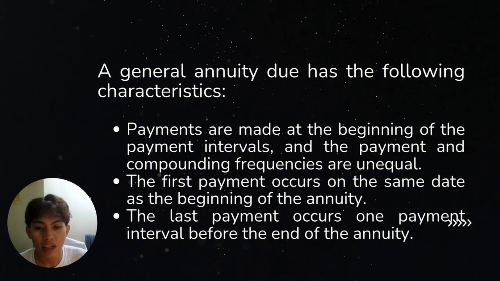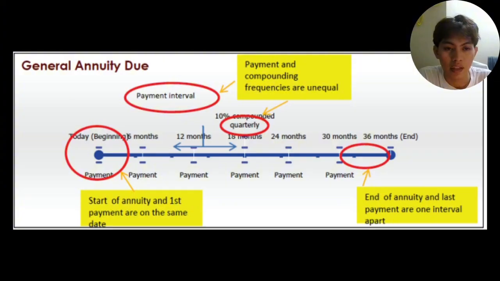Here is the illustration of the general annuity due. It is just similar to the previous group's presentation. As you can see here, the general annuity due is when your first payment will be at the beginning of the term of annuity. The first payment and the start of annuity are on the same date.